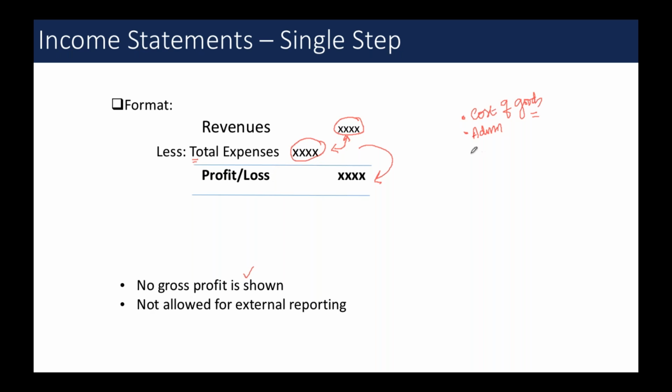We do not know what is selling and administration, selling and distribution, taxes, interest, etc. All these amounts are summarized as total expenses. That's the reason why it is not allowed for external reporting, because it does not give you a classified profit.